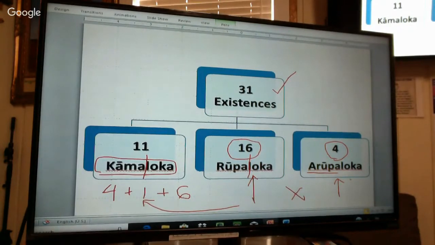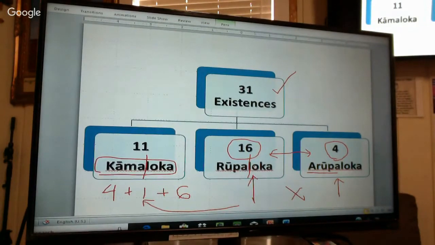Understand? Yeah. The 2 kinds of jhana, Arupa jhana and Rupa jhana, connect. If you practice samatha meditation, you will get the first Rupa jhana first. Directly, Arupa jhana is not possible.